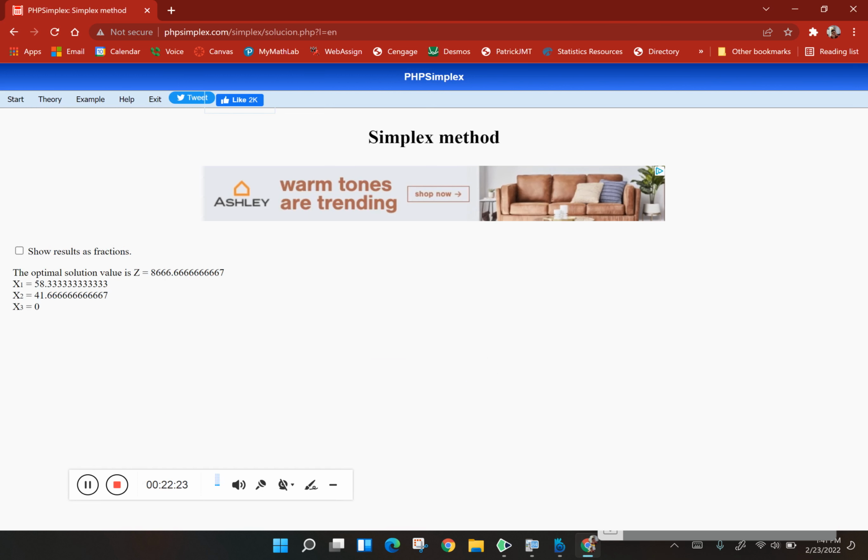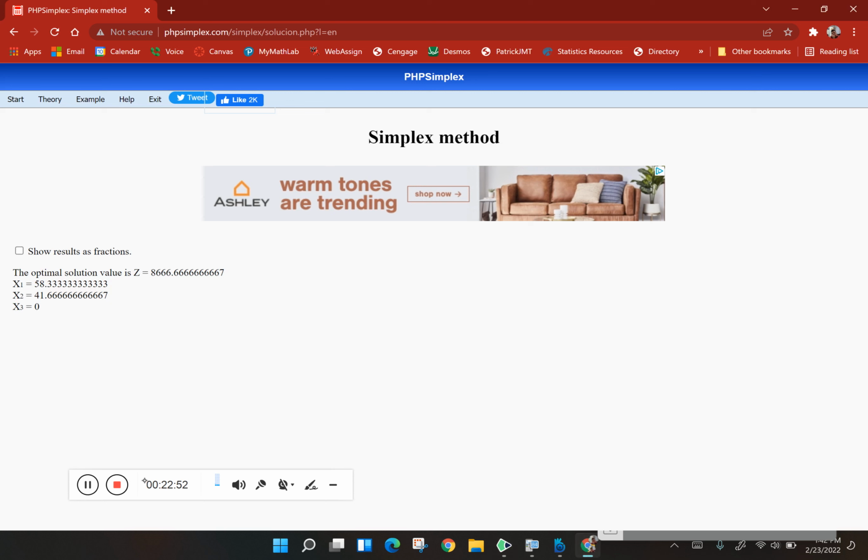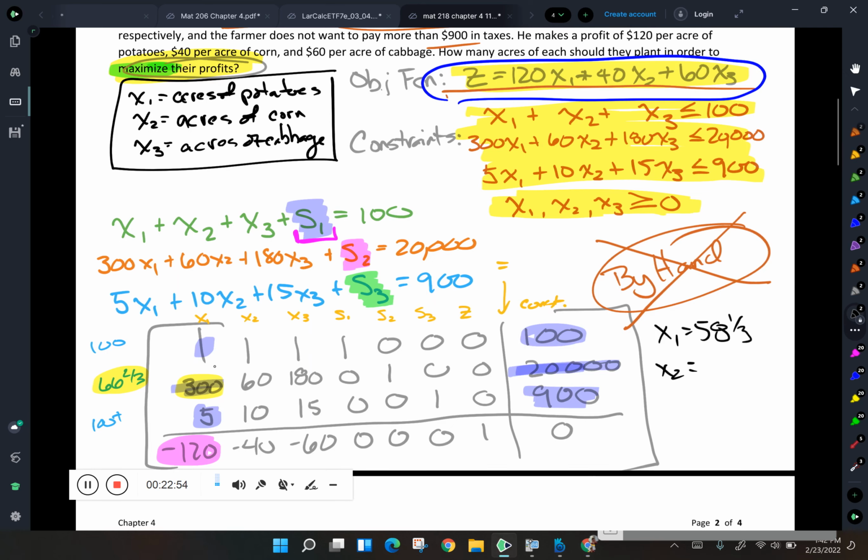It tells me the best solution possible, and I can put it as fractions if I prefer. The best solution possible is to have our x1, our first variable, be 58 1/3, our x2 be 41 2/3, and our x3 be 0. So our x1 would be 58 1/3. Our x2 was 41 2/3.